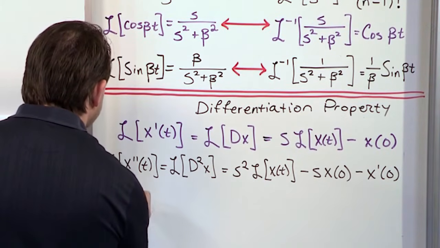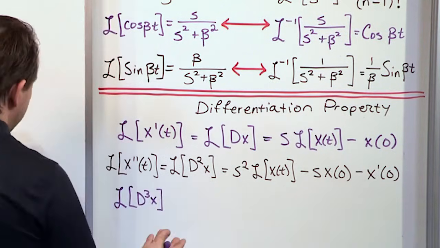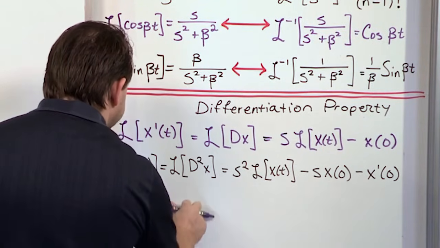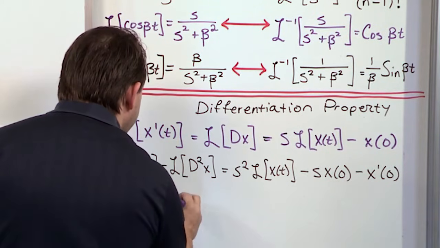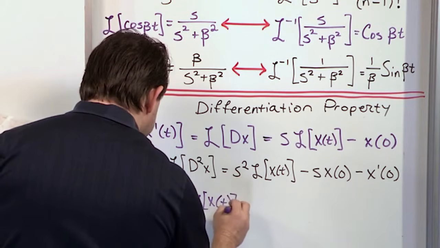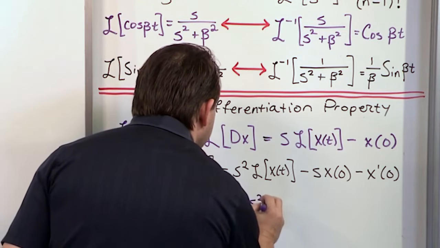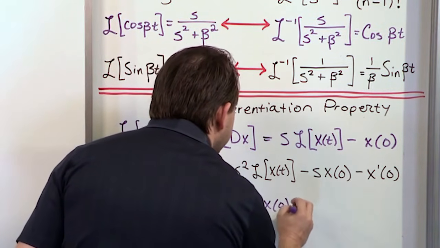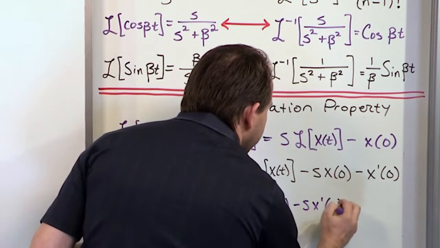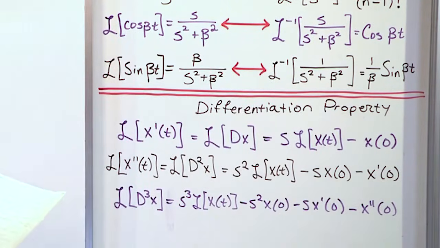If I have the Laplace transform of d cubed, which is the third derivative, which will get you through most differential equations, then you're going to have s cubed times the Laplace transform of x of t, and then you're going to have minus s squared x evaluated at 0, minus s to the first power times x prime of 0, and then minus x double prime at 0. All right, make sure you understand that.